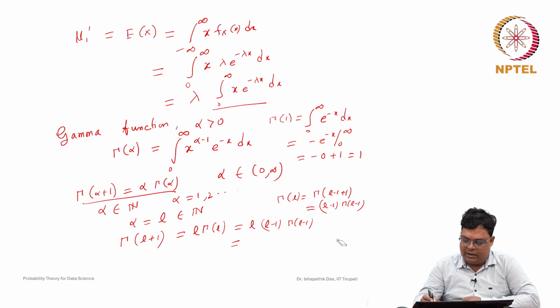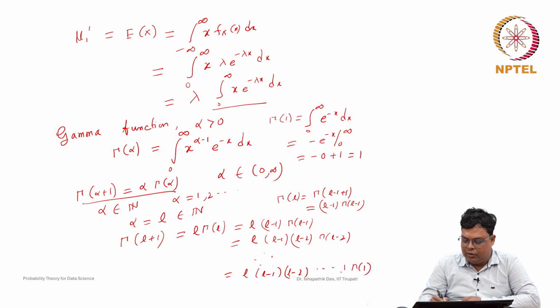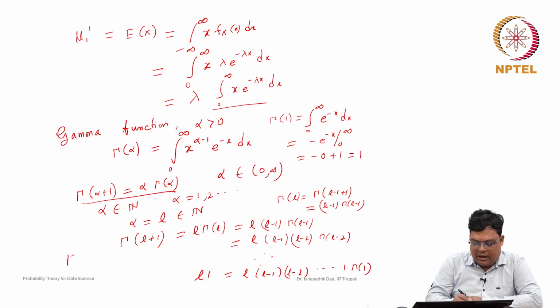Next we can write L, L minus 1, L minus 2 into gamma of L minus 2, and like this you can continue up to L, L minus 1, L minus 2, dot dot, 1 into gamma 1. That means gamma 1 is equal to 1, so this is equal to L factorial. So, whenever alpha is some integer, gamma of L plus 1 is equal to L factorial.